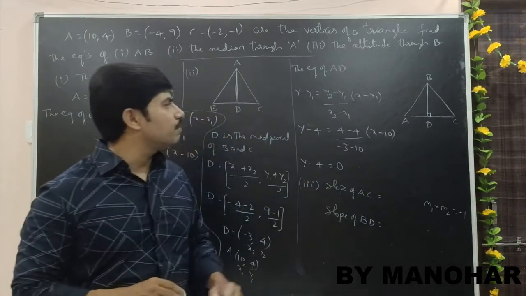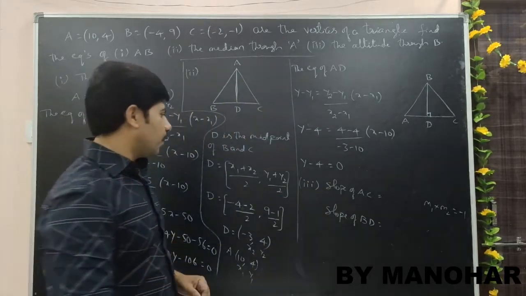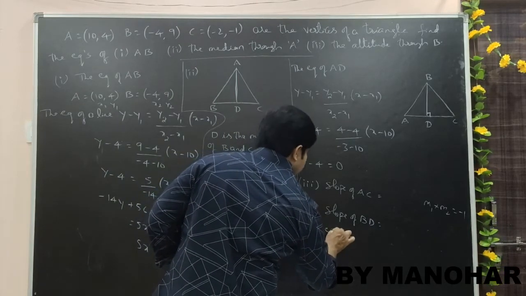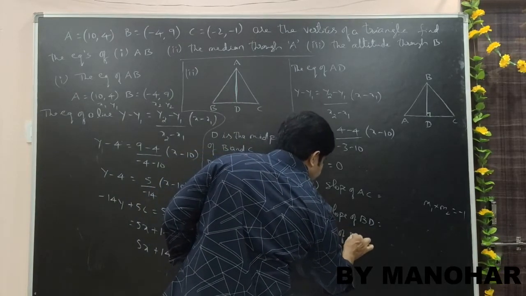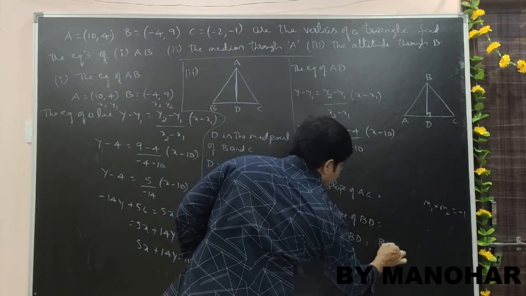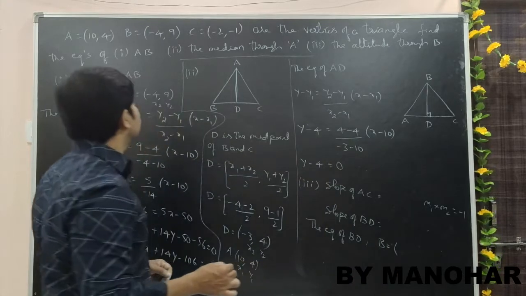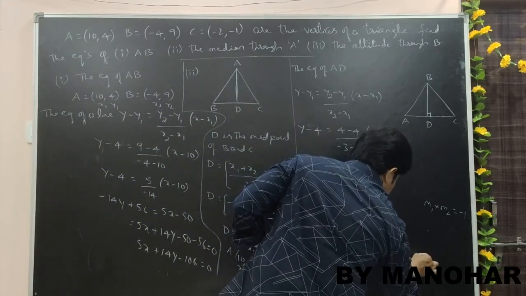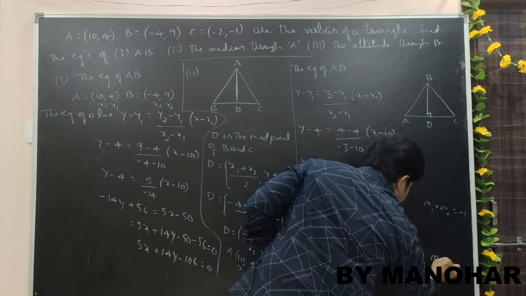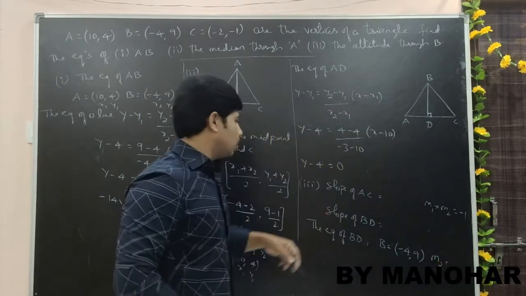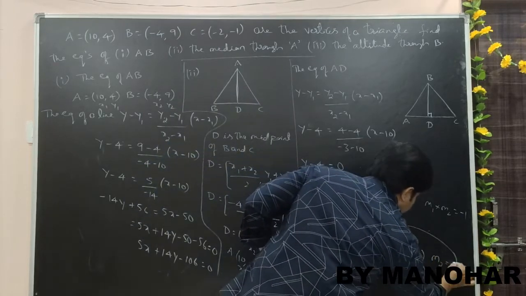After getting the slope of BD, what do you have to do? You have to find the equation of BD, that means the altitude. Okay, with the point. What is the point B we know? The point is (-4, 9), and the slope of BD, whatever you get, you write it here.